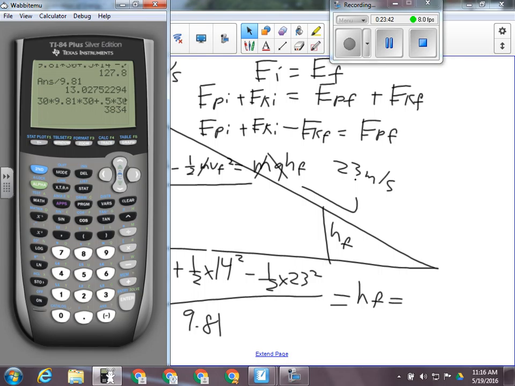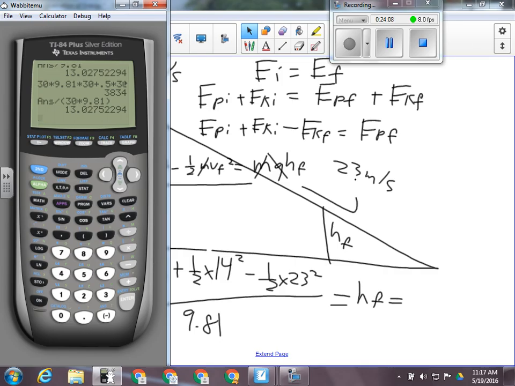And then I'm going to divide that by m times g, so divide that by 30 times 9.81. Mass doesn't matter. I could put in any number I wanted, and it'll still come out to the same number. It just takes you longer because you have to enter it in 4 times.